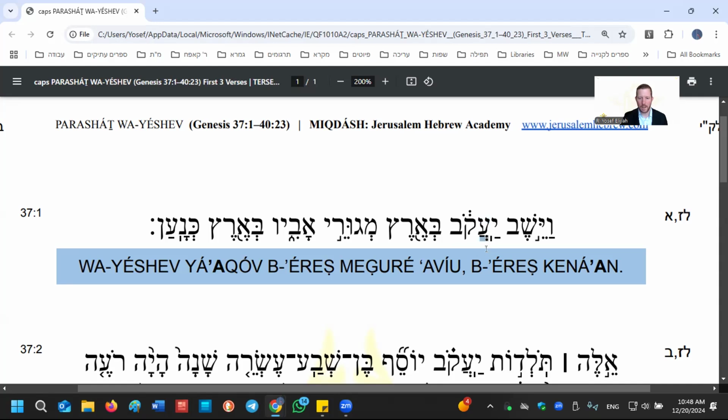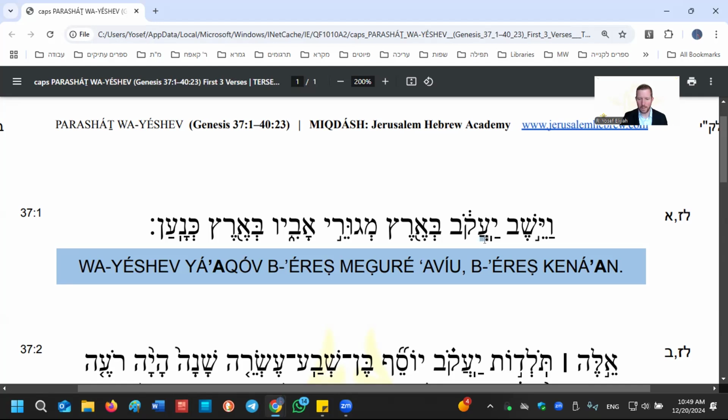And anytime you see this colon-shaped symbol, which is called a shva, anytime you see it and it's pronounced at all, it is pronounced as a short, unemphasized vowel. Always.